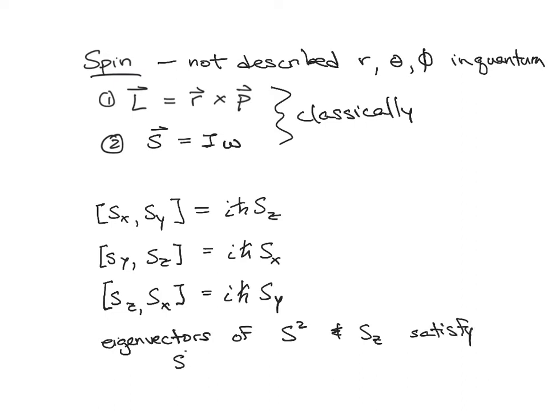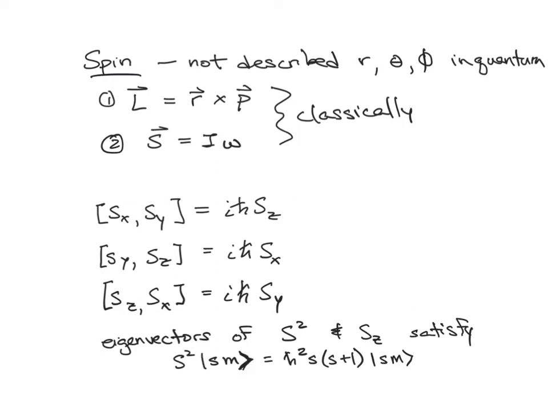Here we would write our eigenequation as a function dependent on both s and m as our quantum numbers, and we get an eigenvalue out that looks like h bar squared s times the quantity s plus 1, acting on that same eigenfunction.